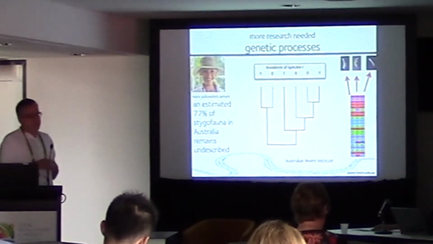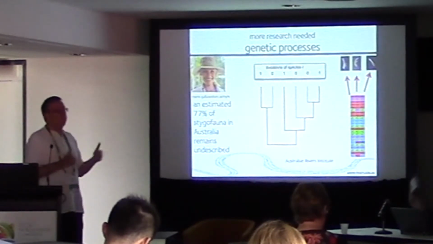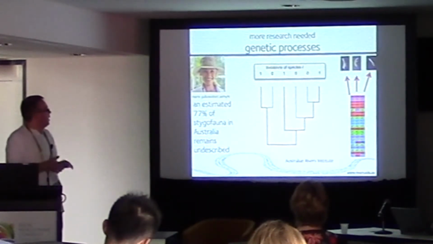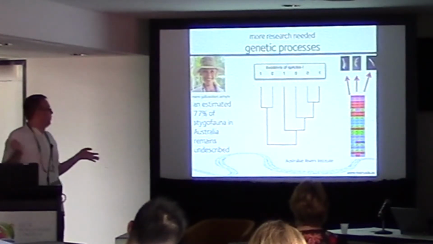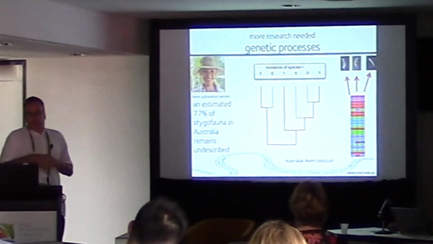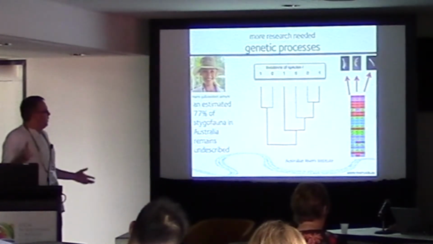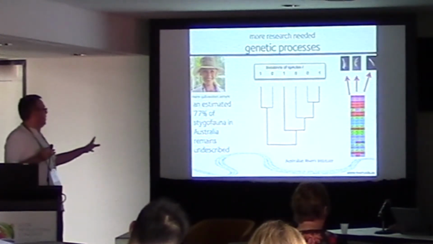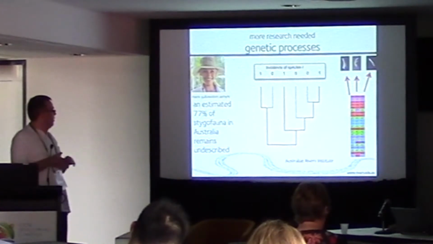Changing tack, genetic processes. Hardly anyone ever has studied genetic processes in any freshwater system, really. We just got a paper in press in PLOS One where a student of mine was trying to plan for stygofauna, but 70% of stygofauna in Australia actually remains undescribed.